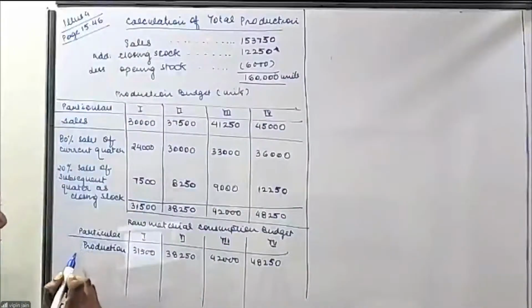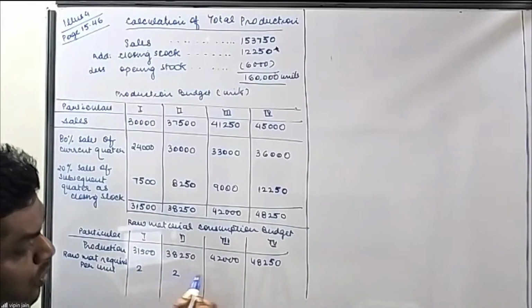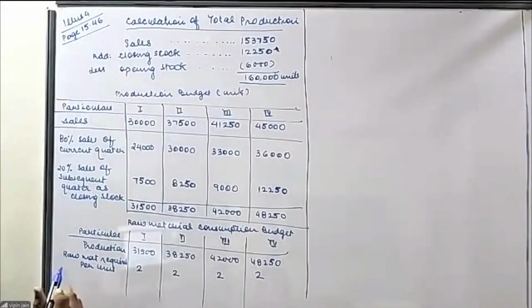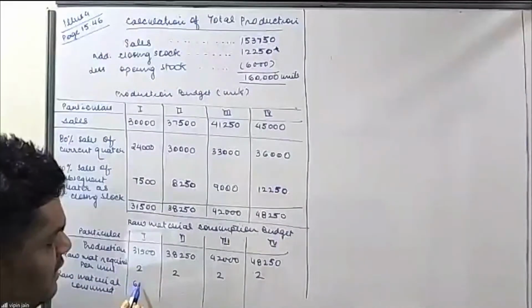So the raw material required per unit is 2. So the raw material consumed will be 31,500 into 2, which is 63,000.